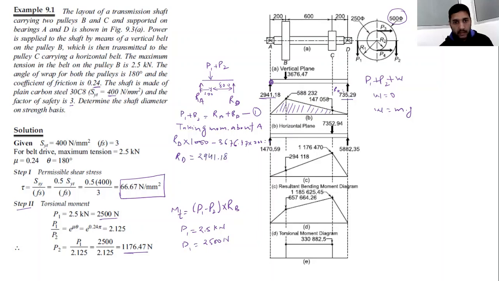When you have RD, so you can say RA from here, RA will be equal to that is 3676.47 minus RD, that is 2941.18. आप इसको solve कीजिए, आपके पास RA आ जाएगा and it will be 735.29, वही आएगा. आप करके देख सकते हो.